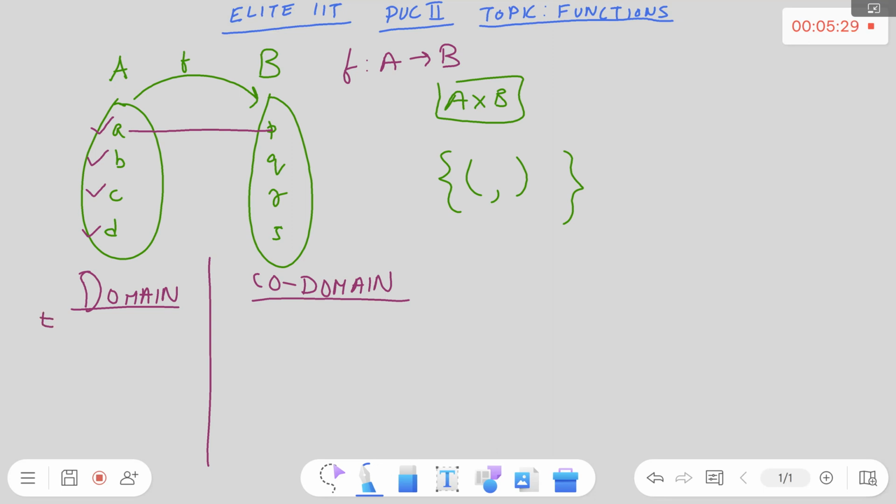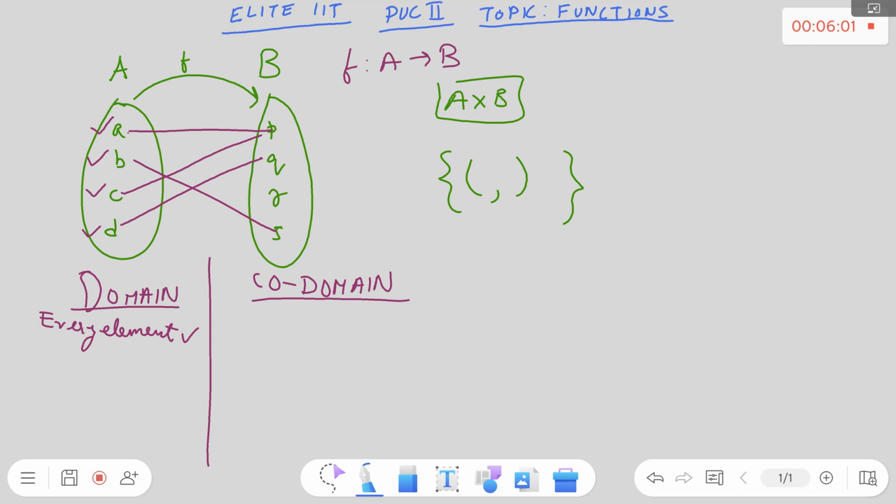In the domain, every element is included. It can look like this, but it will be associated with only one from the set B, not more than one. Maybe it can look like this, or like this. See, each and every element is included from A.